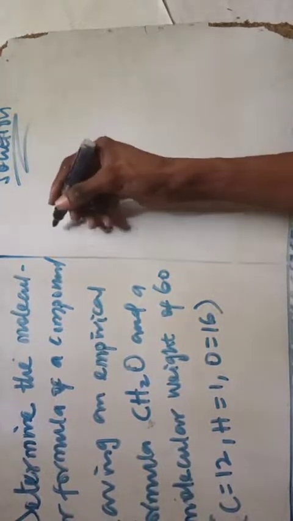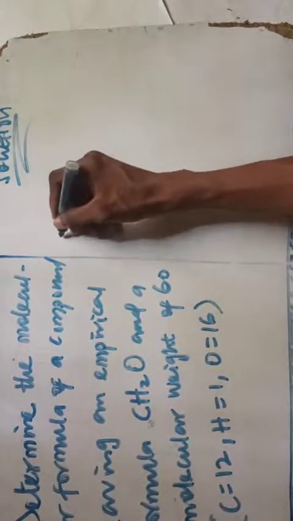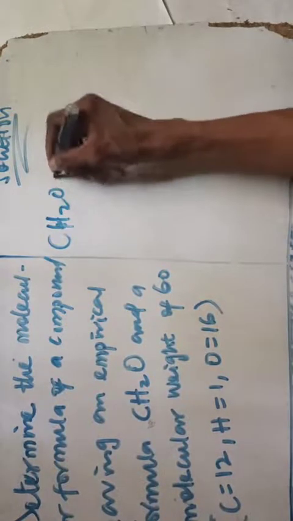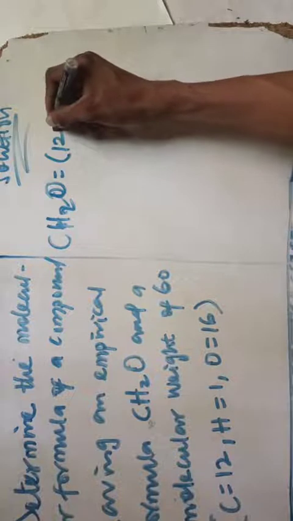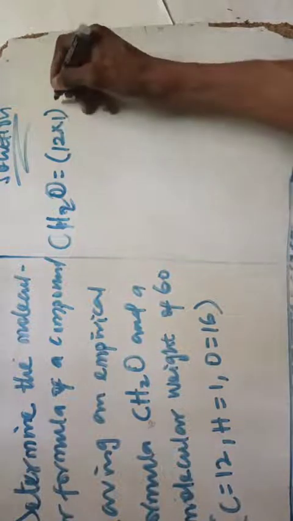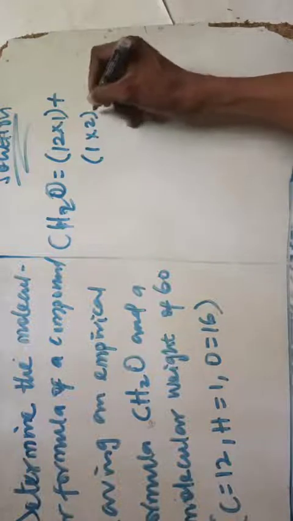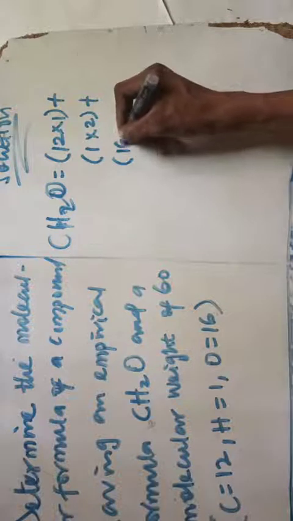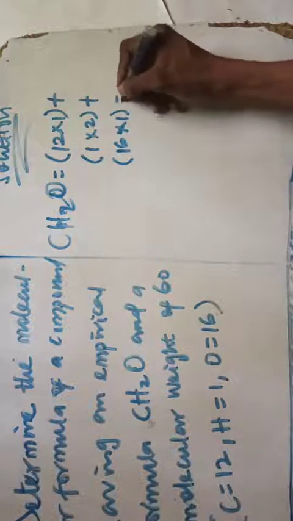The empirical weight of CH2O will be equal to carbon 12 times 1, plus hydrogen 1 times 2, plus oxygen 16 times 1.